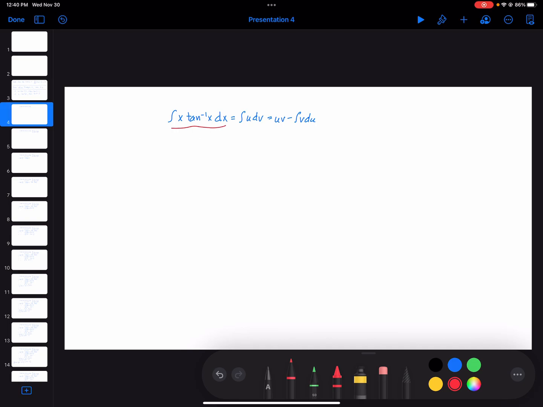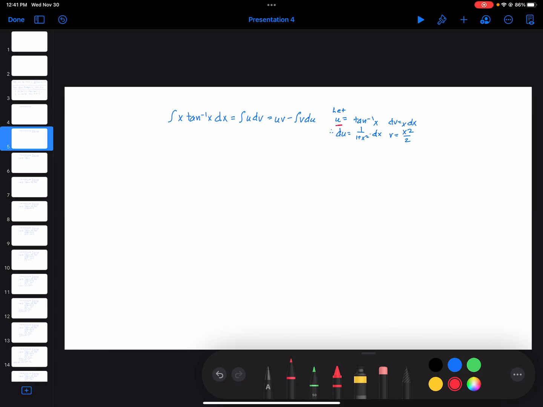We want to use this notation for solving it, which means we have to work with this quantity, and so we need to define u and v and du and dv. So let's do that. I've done that here.